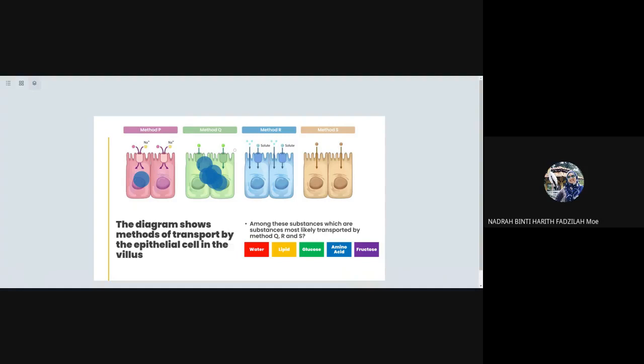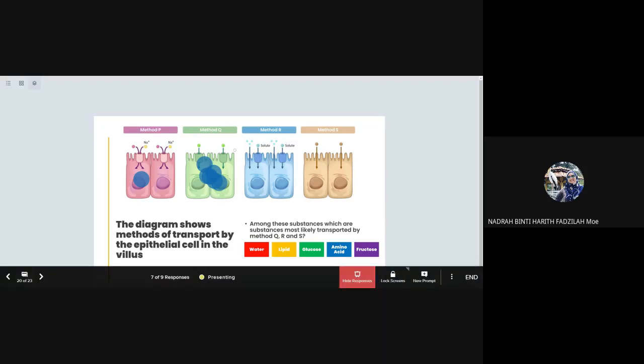But at the end, we will use active transport to transport all glucose available in our small intestine into the blood capillary towards the end. Tapi kita tak discuss benda tu kat sini. Kita discuss masa kita bincang nutrition nanti.